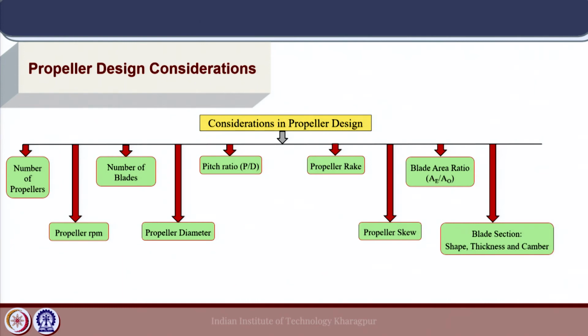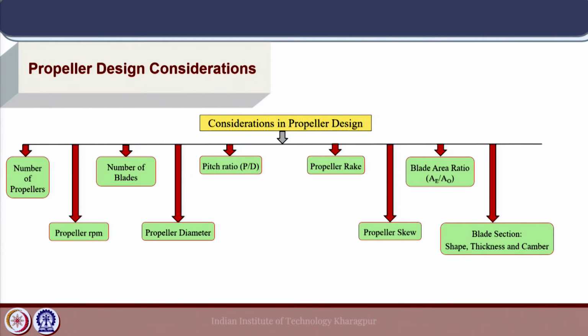Next, the choice of propeller blade sections is very important. Once we use the circulation theory based design, it is possible to choose the propeller blade sections at different radial locations, and with regards to blade section parameters, the shape of the section, whether it will be an airfoil type section or segmental section, that can be chosen, and other parameters like thickness and camber, which are also very important in terms of the propeller efficiency, cavitation as well as strength characteristics.